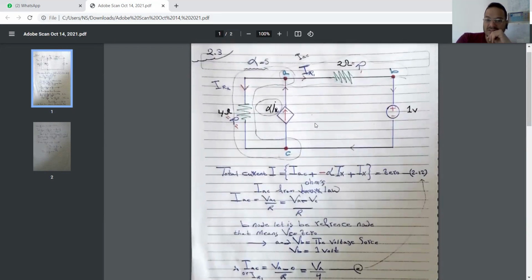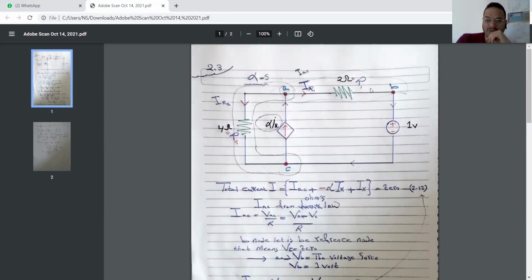Be note, like I said before, we must select the nodes before doing anything. Here we have 3 nodes, A, C, and B. We have 2 resistances. We have 2 different kinds of source. And what is the unknown element?